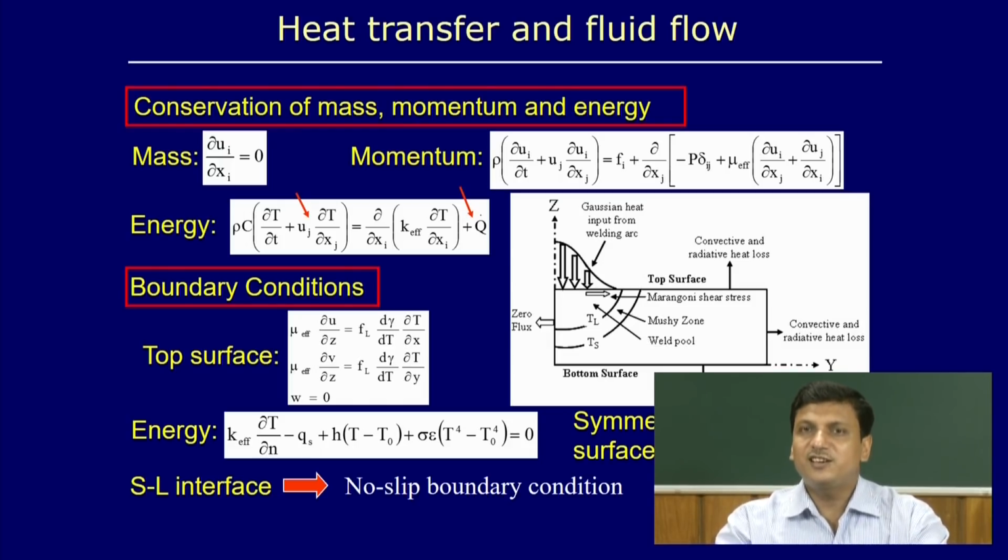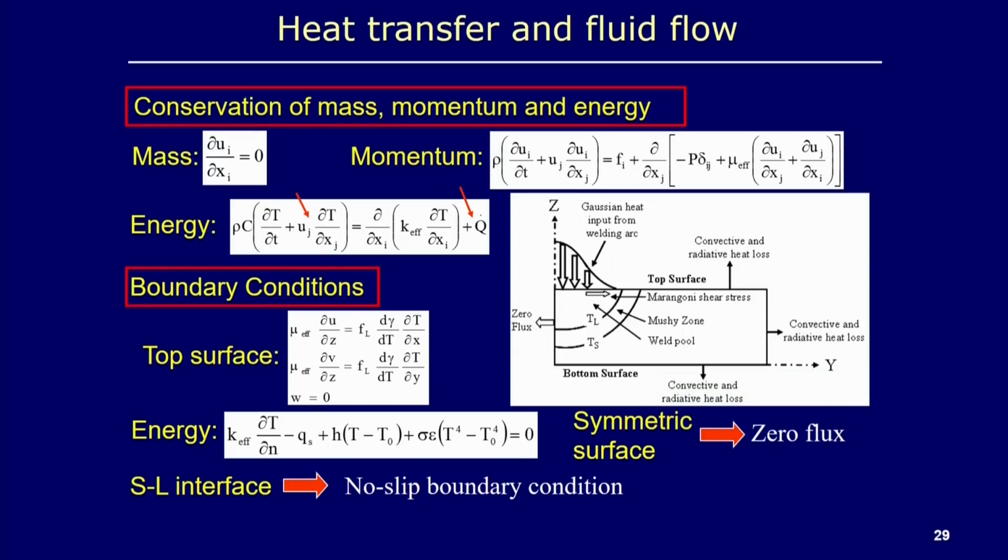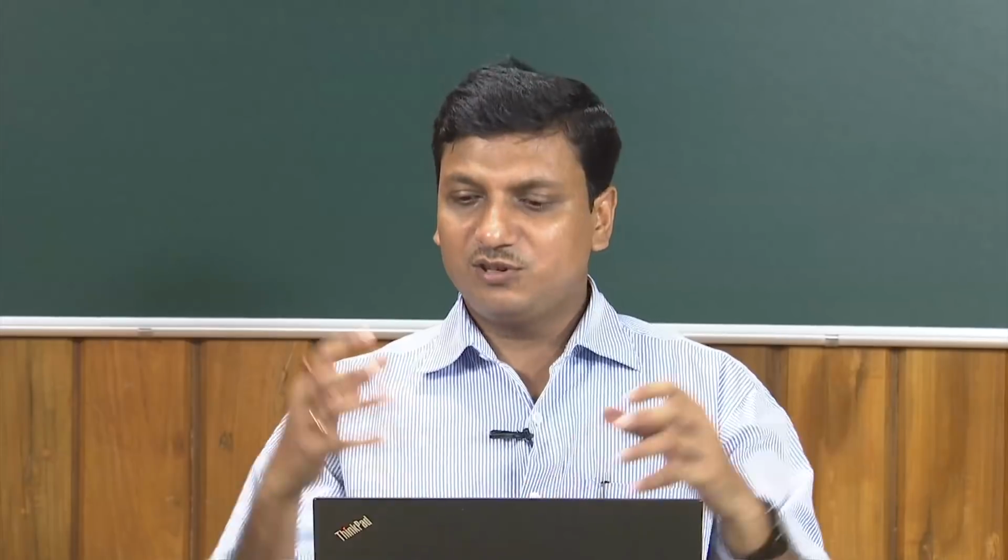So it is easier and more convenient to do the numerical solution of this problem to get the actual effect of this kind of physical phenomena in the welding process. That is why I am directly shifting to the numerical solution of this problem.